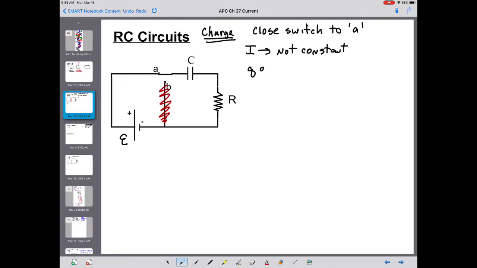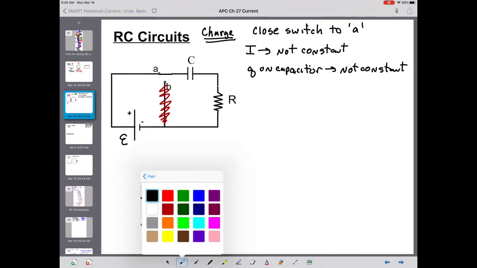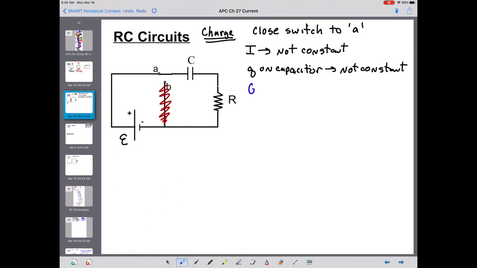That also means the charge on the capacitor will not be constant, obviously, because it's building up. Now, if these two things are not constant, then what we need to do, kind of our goal for this, is to be able to derive equations down for how that charge builds up and how that current changes after that switch is thrown.